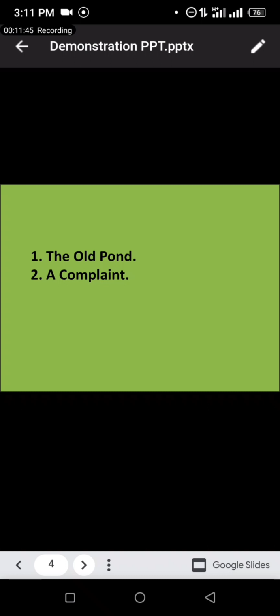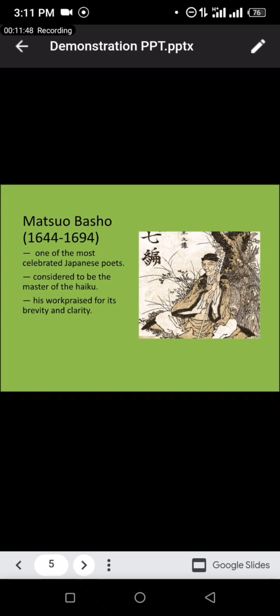Matsu Basho is one of the most celebrated Japanese poets, considered to be the master of the haiku. His works are praised for their brevity and clarity. So that is Matsu Basho. Could anyone please read the Japanese form of the poem, then the translation? Anyone?